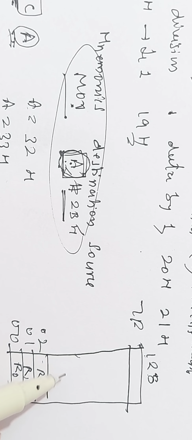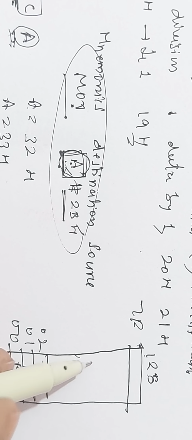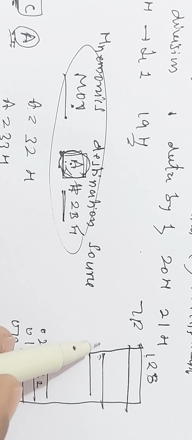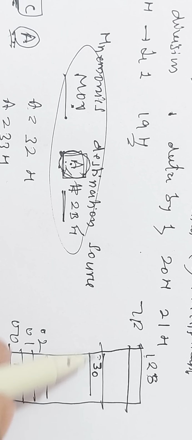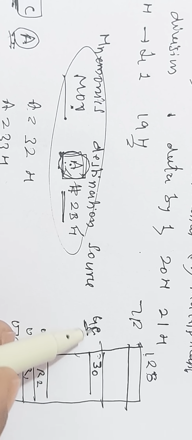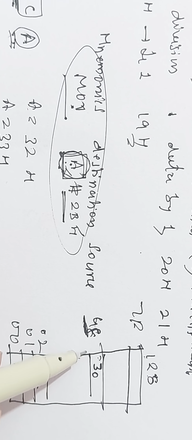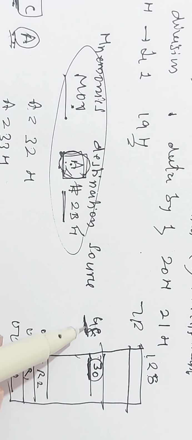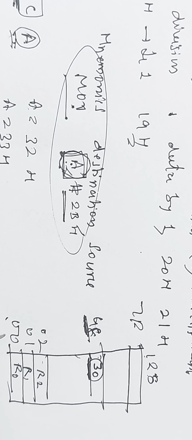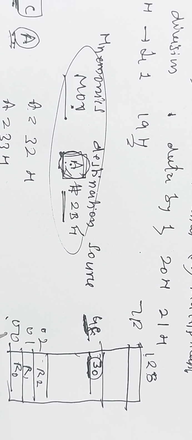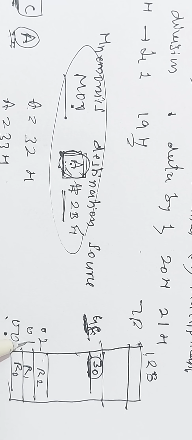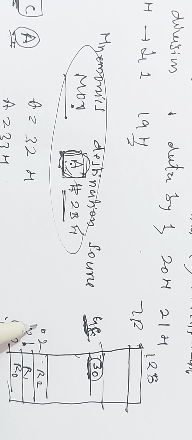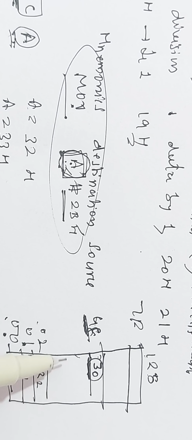There is another RAM location, say 30. What is the value of 30? This is the decimal number 48. The 48th RAM location is given by the address 30. 30 is the direct address of location 48. 00 is the direct address of location 0, 01 is the direct address of the second location, 02 is the direct address of the third location, and so on.